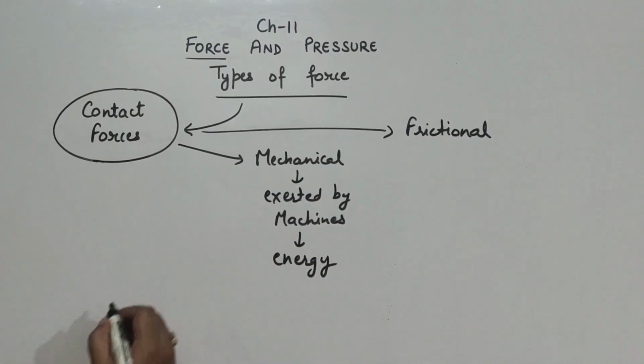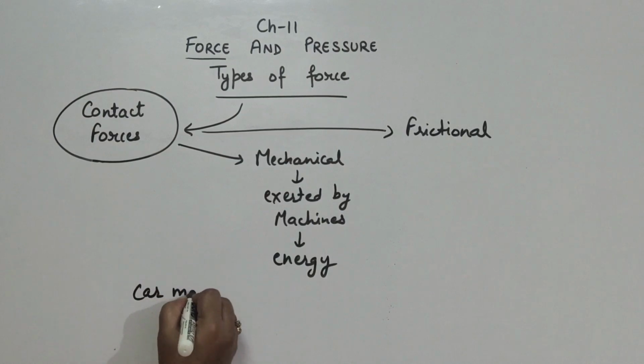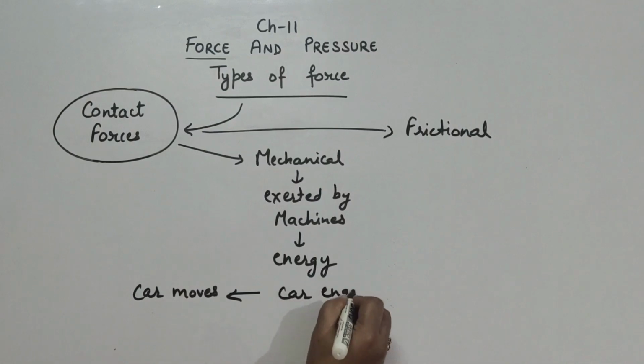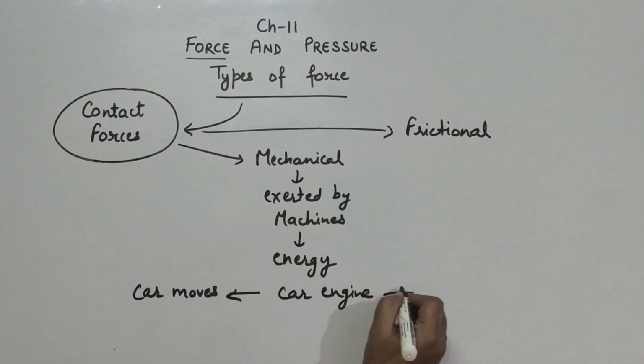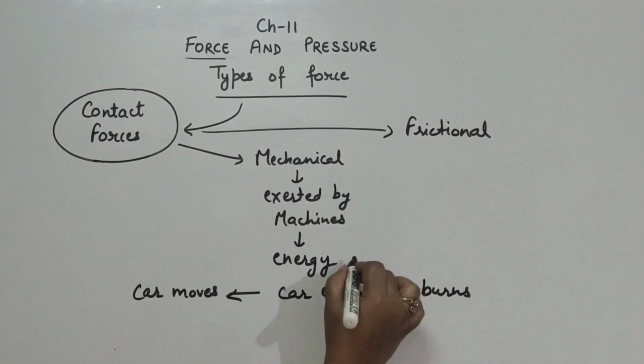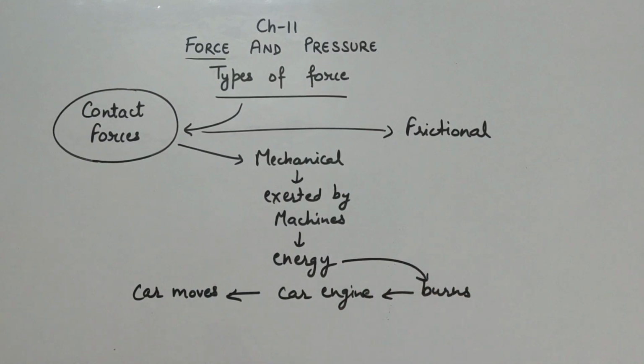For example, a car moves only when the force is exerted by the car engine. And a car engine burns fuel to generate energy, which results in the production of mechanical force.